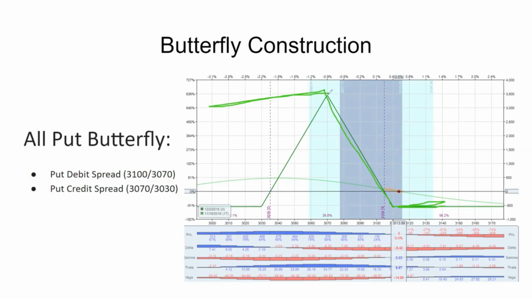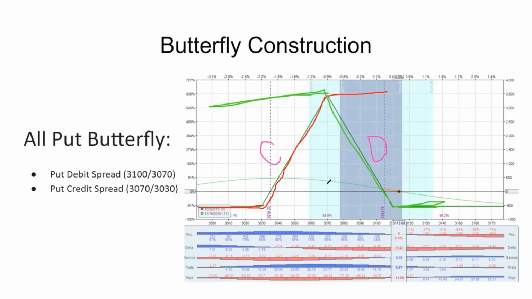And we would sell a 3070, 3030 put spread to help pay for the debit spread. So 3100, 3070 is a debit spread, and 3070, 3030 is a credit spread.